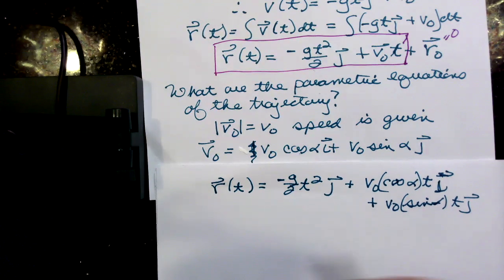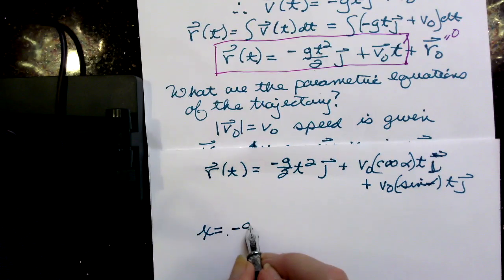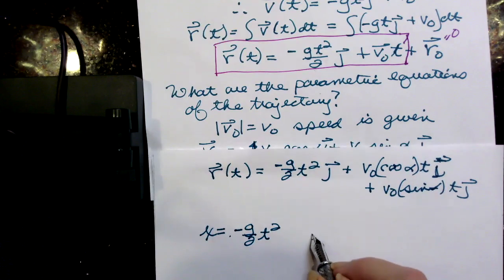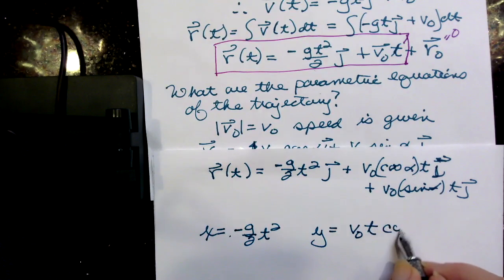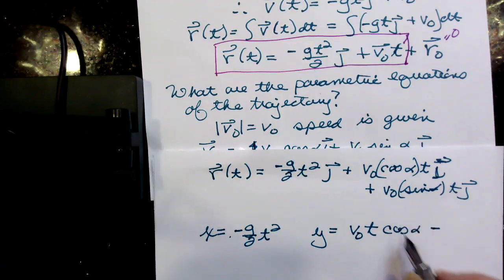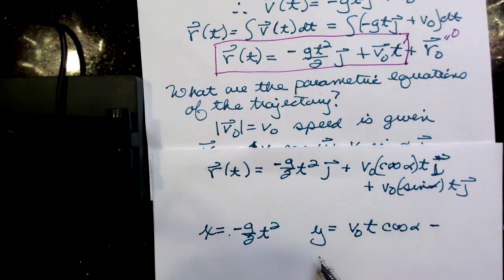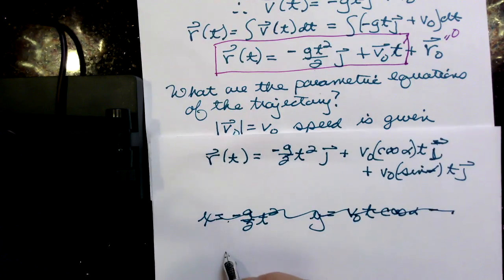Okay, the parametric equations of the trajectory are x and y in terms of this parameter. Sorry, the i direction is the x.